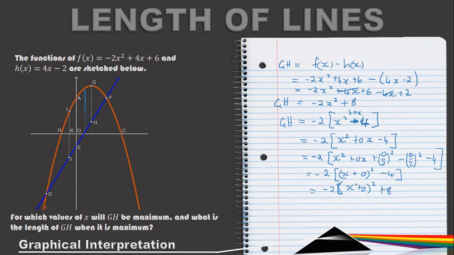So this means then that this value is your p-value and your q-value. So your p-value is where the function is maximum. So it's going to be at x equals 0, and then the maximum value for GH is going to be this 8. So this is going to be my maximum value.